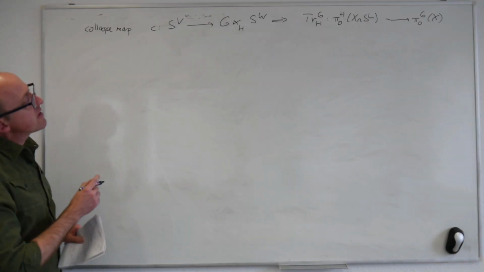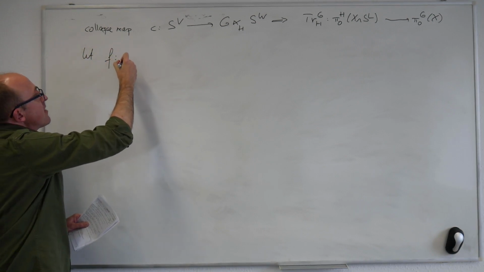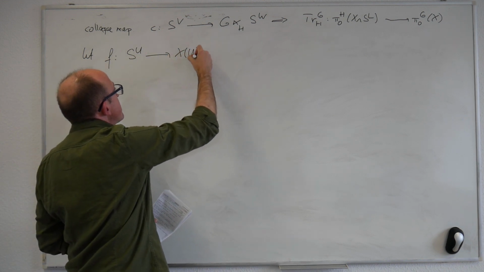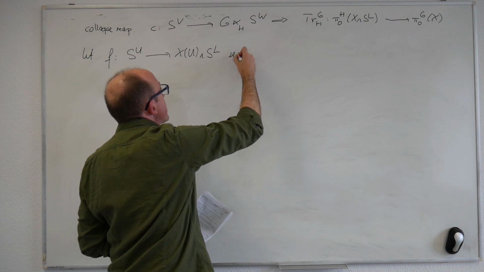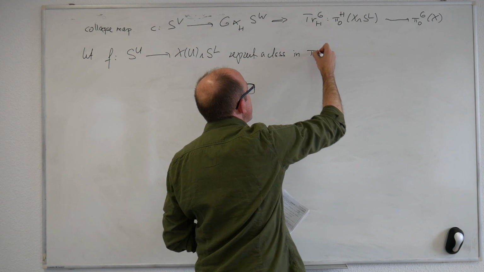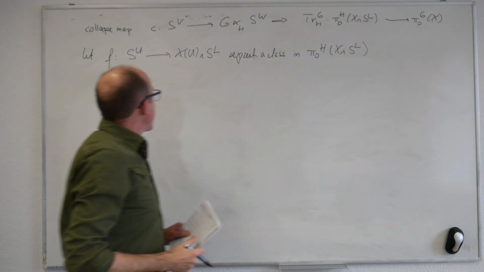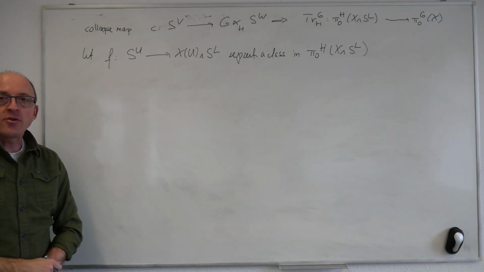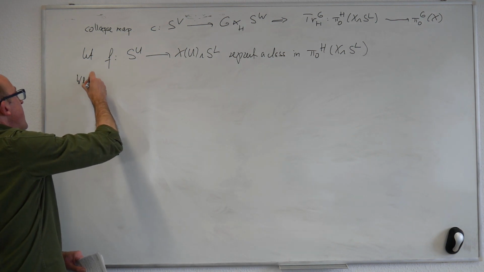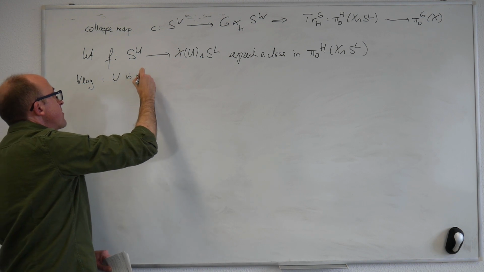An element on the left-hand side is represented by a map f from S^U to X of U smash S^L, representing a class in the group pi 0 H of X smash S^L. So it is an H equivariant based continuous map, and U a priori is an H representation. But now, without loss of generality, I can and I will assume that U is underlying a G representation.